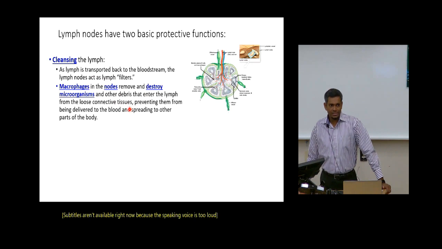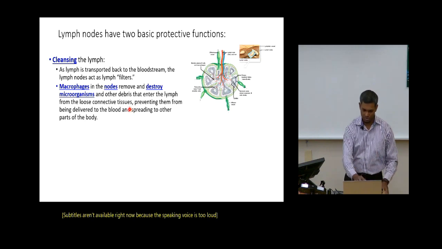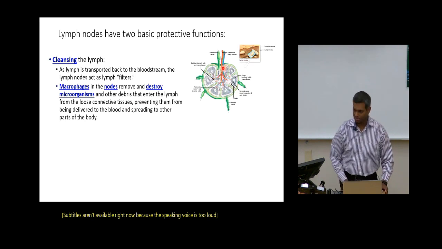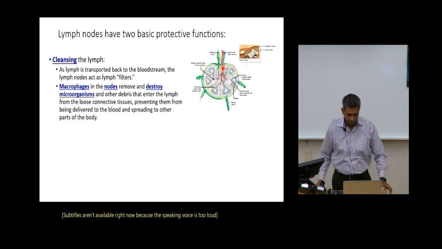And by destroying these microorganisms, we see that the pathogens or microbes can't go to the surrounding tissues or go to the other lymph nodes or even go back into the bloodstream. So it's going to prevent the pathogens from spreading.